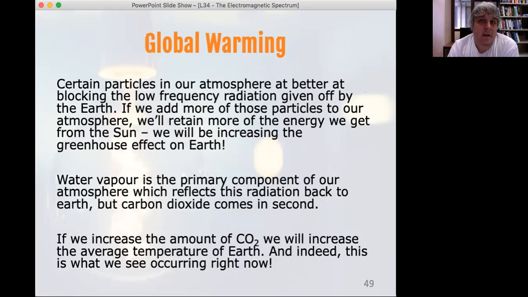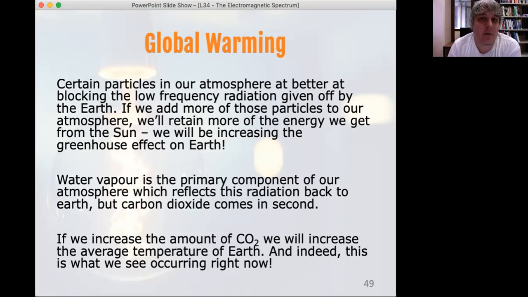Global warming is that process happening on a slower scale, right? It's not instantly a huge greenhouse effect that gets all the energy, but it's happening more slowly. Certain particles in our atmosphere are better at blocking that infrared radiation. They're better at making sure it stays on Earth. And if we put more of those particles into our atmosphere, then we will keep more of that energy on Earth.